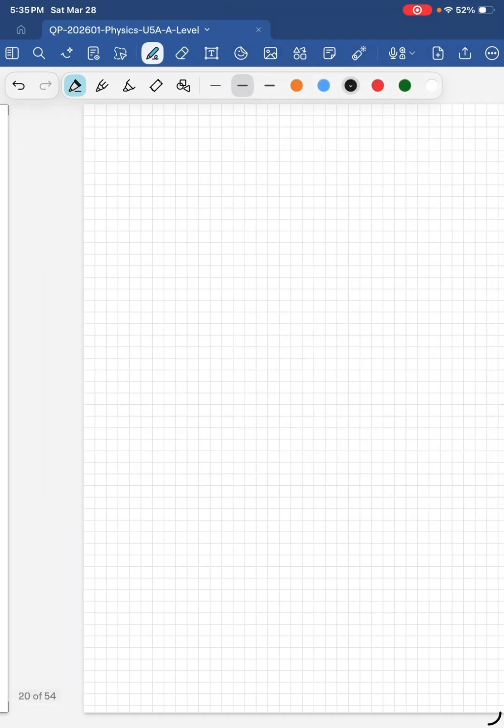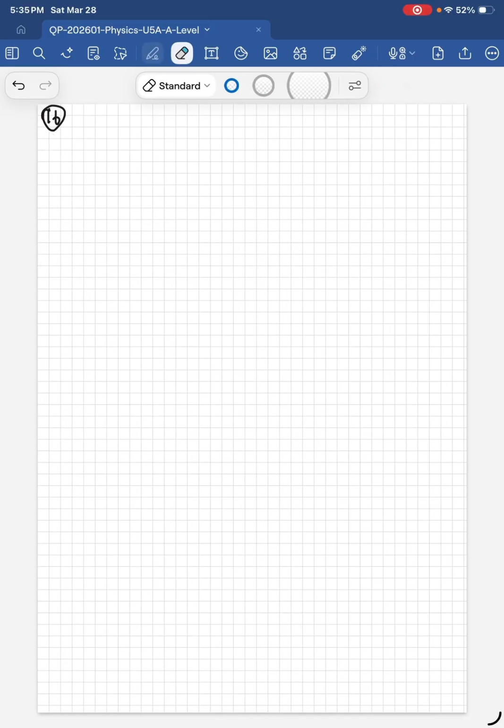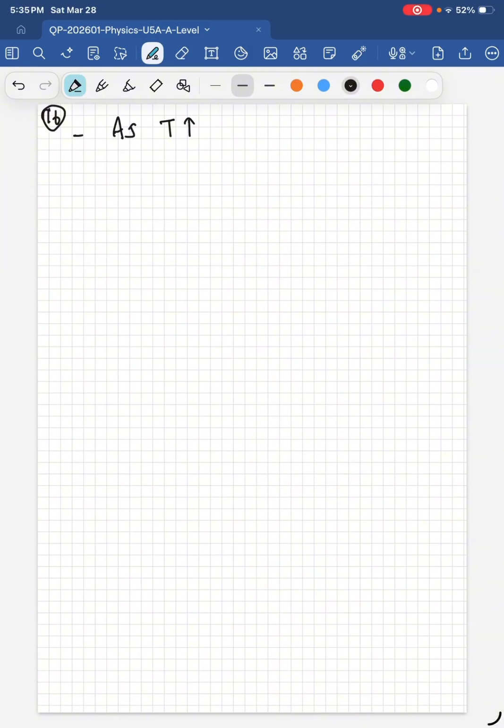Okay, let's create a clean page. So first, let's write, this is question 16. So the first point is that as the temperature increases, the kinetic energy increases for the molecules. Then the RMS speed of air molecules increases.